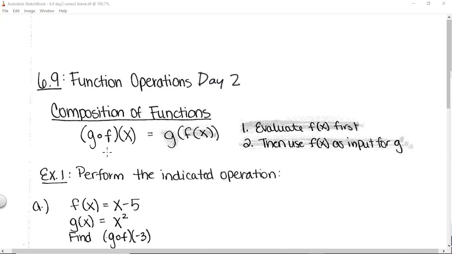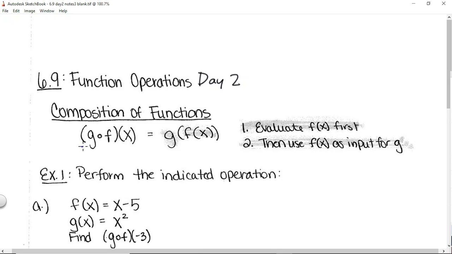So this is it. You read this, g of f, this little circle symbol here, we read that as "of." So this is g of f, and that is the composition of functions, a new function that we just called g of f.